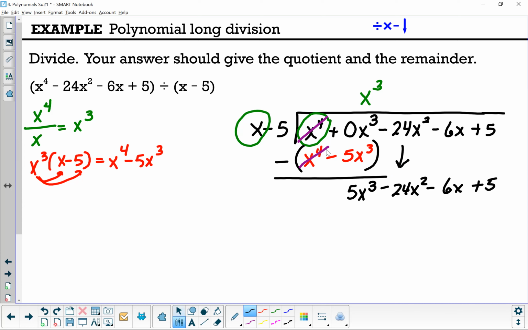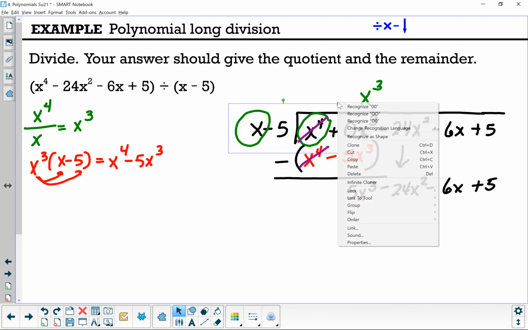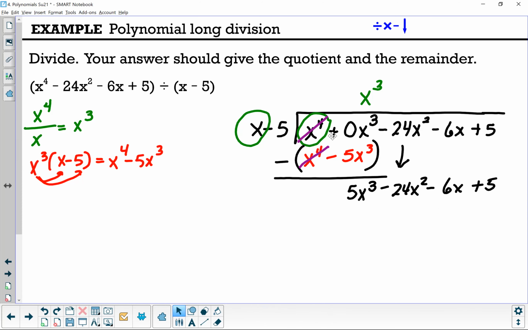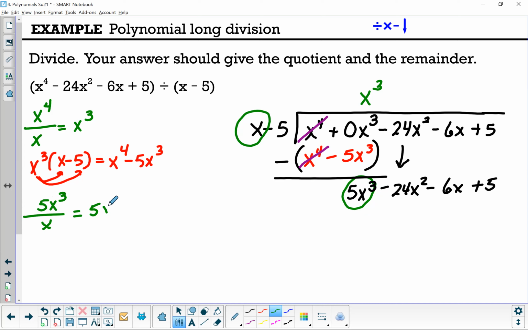Okay. There we go. All right, now we are going to be dividing again. 5x cubed. We're dividing that by x. And that gives us 5x squared.